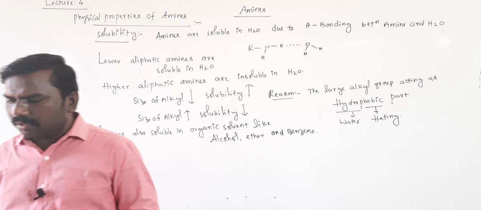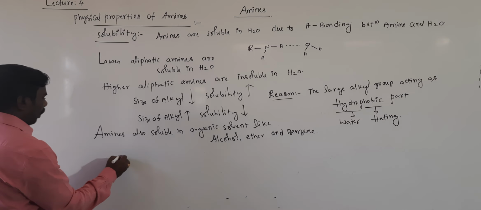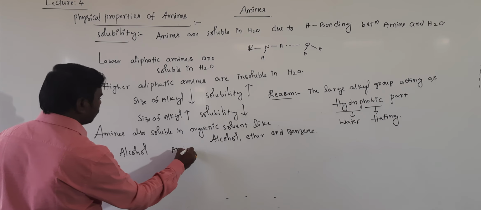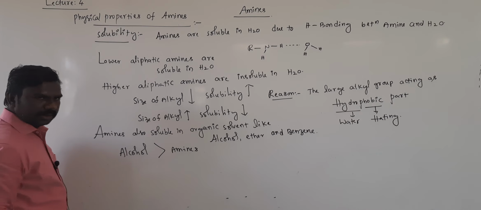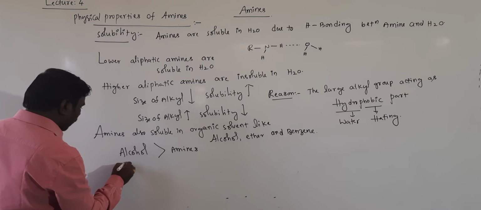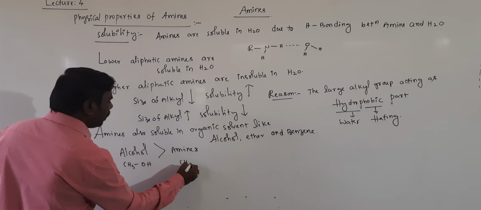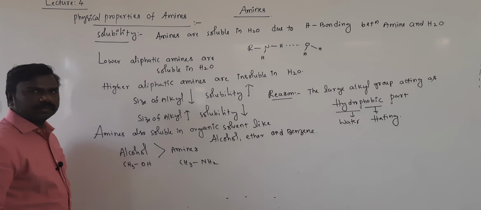So if you observe clearly, the solubility of alcohol and amines: alcohol solubility is greater than that of amines. For example, I am taking CH3OH and CH3NH2. It is oxygen and nitrogen.